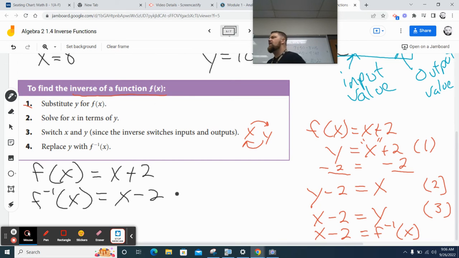And that makes sense, right? If I plug something in and the only thing I do is add 2 to it, the inverse would be what? Subtract 2 from it. Does that make sense? Now, this will get a lot more complicated as we go through and add more operations. But I picked the simple one on purpose.